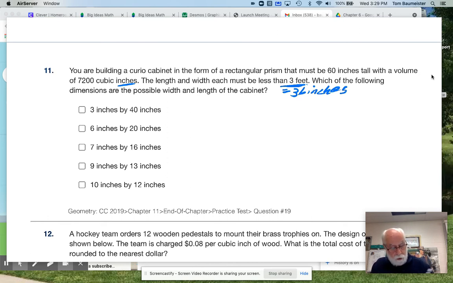So remember, volume is equal to the area of the base times the height. And we know that our base is equal to our length times our width. And we know that our height is 60 inches.